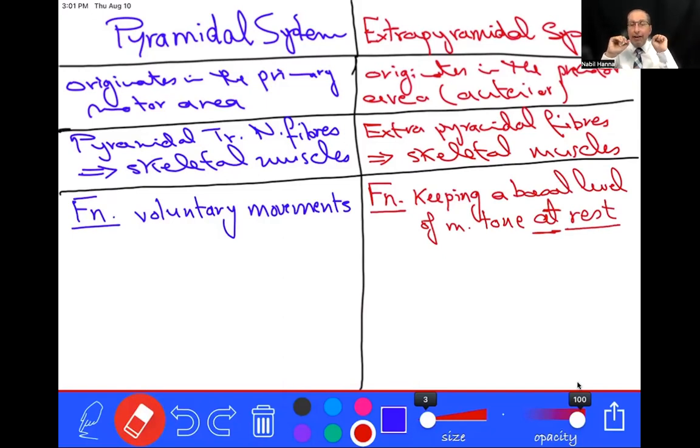But when you are at rest, the pyramidal system stops working, because now this is the time for the extrapyramidal system to provide some tone in the resting muscles.